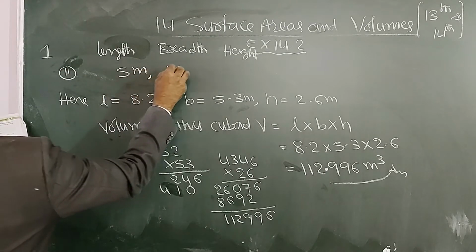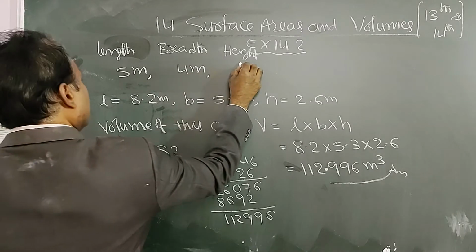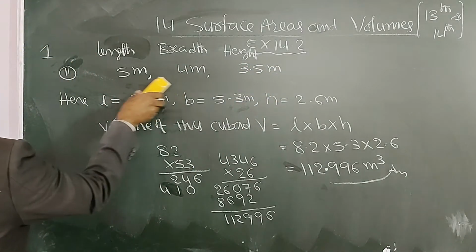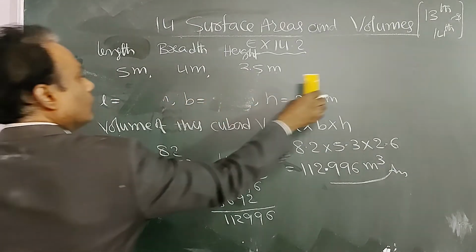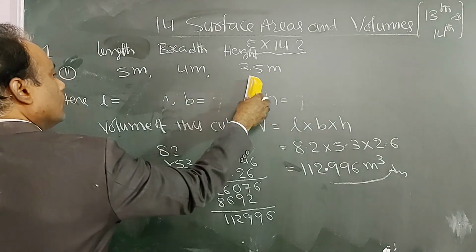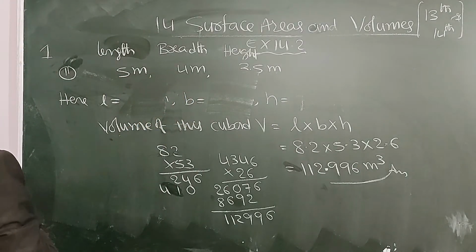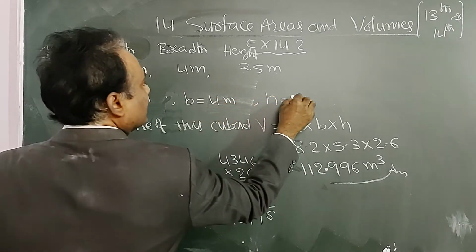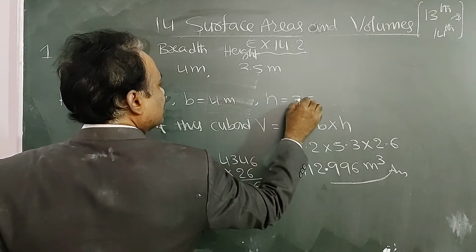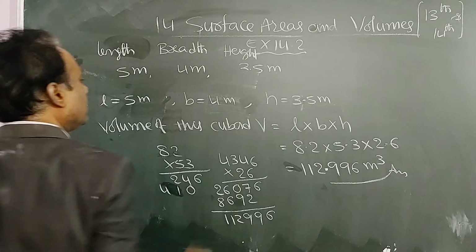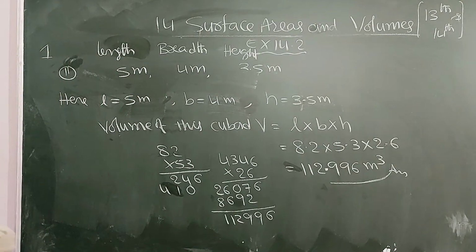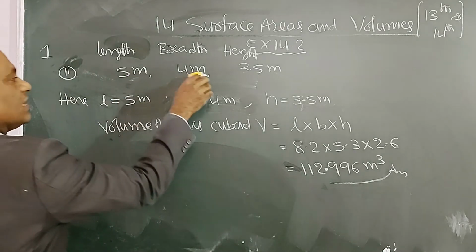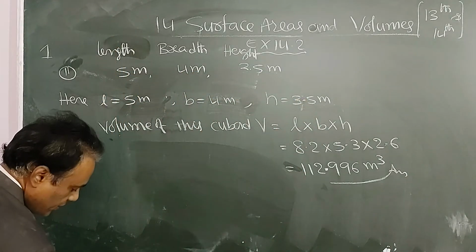Five meters, 4 meters, 3.5 meters. Students, length is 5, breadth is 4, height is 3.5.